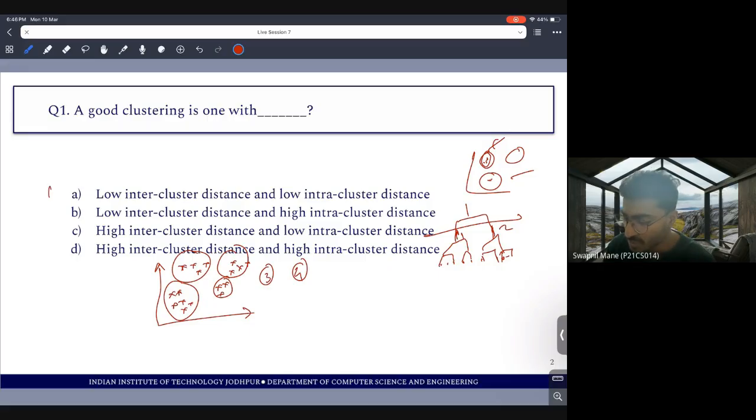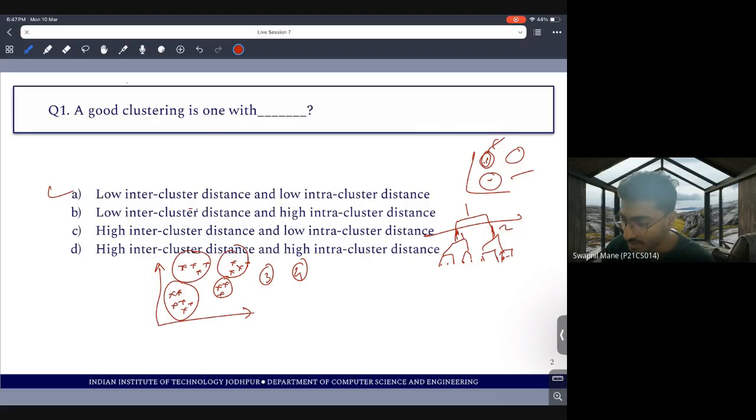The first option states low inter cluster distance and low intra cluster distance. Here I will explain what exactly inter cluster distance is, and what intra cluster is.